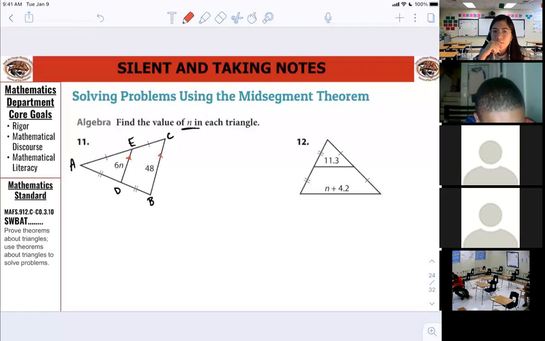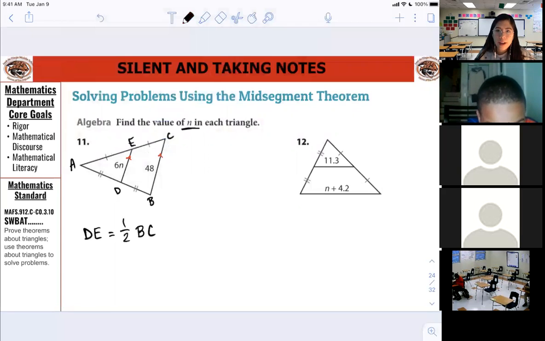They're half length. Yeah, so which one is half the length of the other? Good, Carla said DE, the midsegment, is half of the third side, BC.